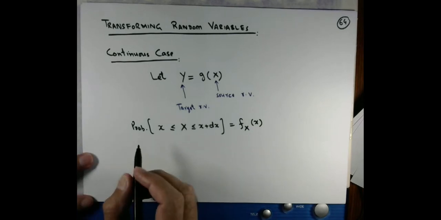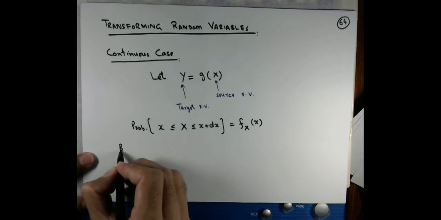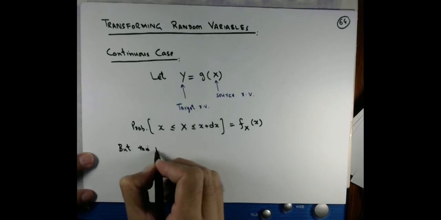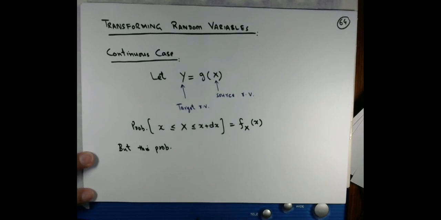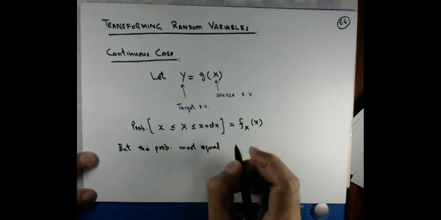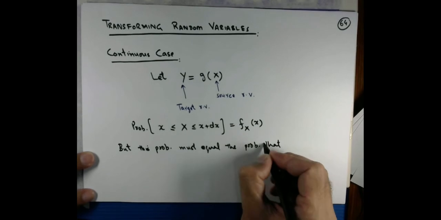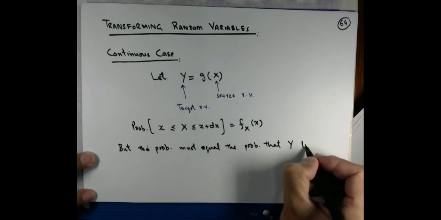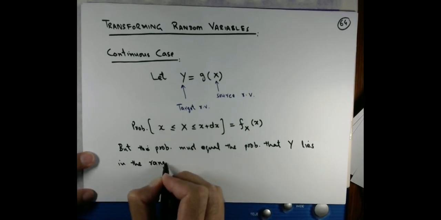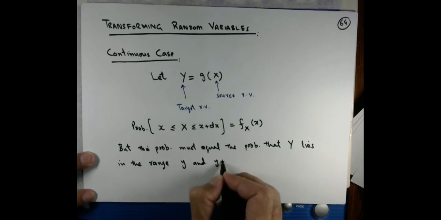So if that is the case, let me write it so that you get a complete understanding. This probability must equal the probability that the random variable y lies in the range y and y plus dy.